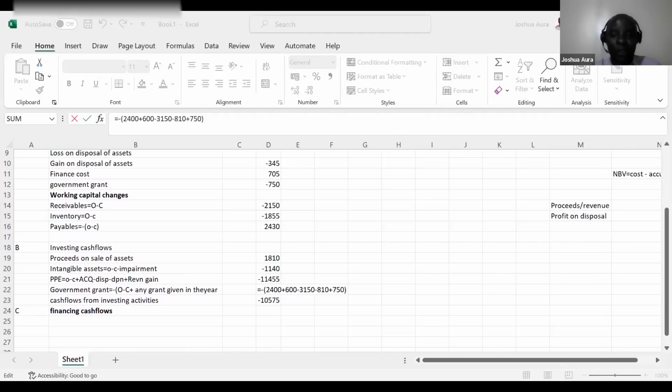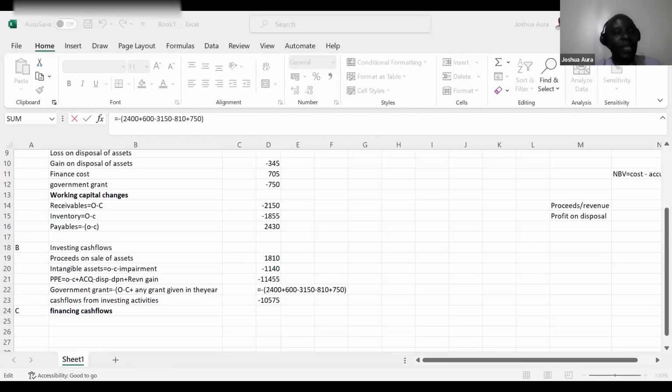Listen to me very well. Remember, when you recognize a grant in your income statement, it means that you have now been able to fulfill the grant conditions. Now it is your income.